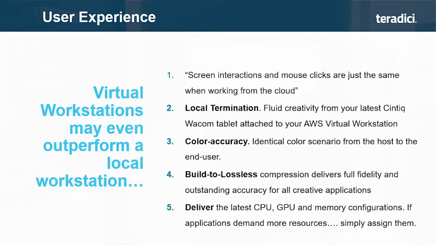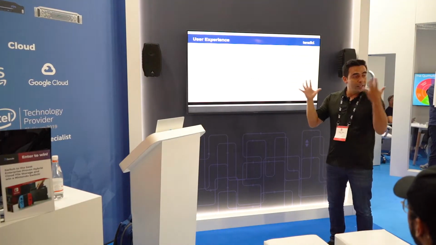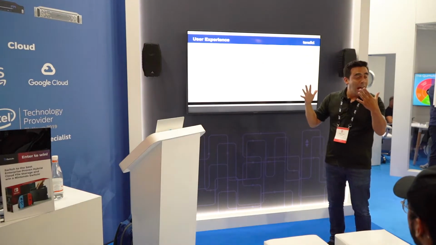Another one is build to lossless. When we encode at the cloud and decode at the endpoint, at the artist level, build to lossless means that there is no loss in terms of quality. So for color accuracy, if you draw something, your screen is going to show really accurate colors.